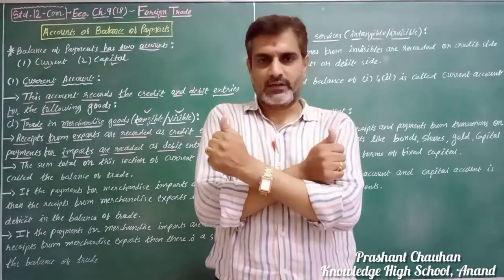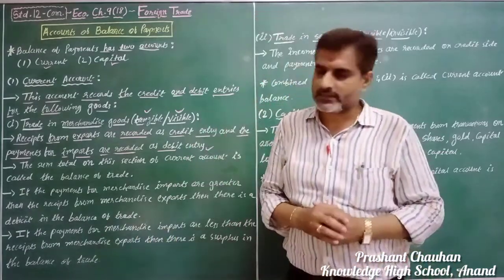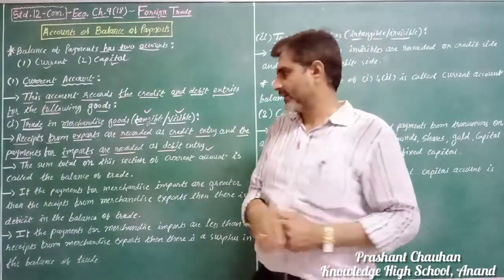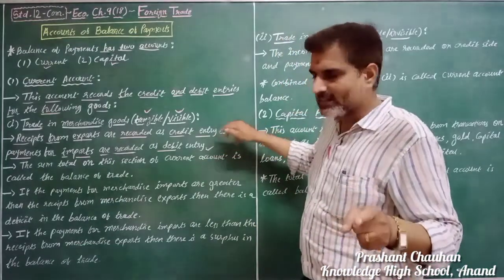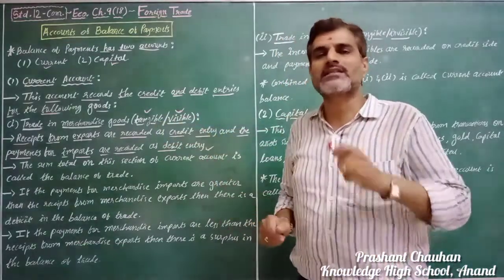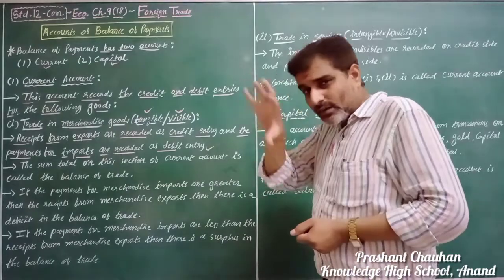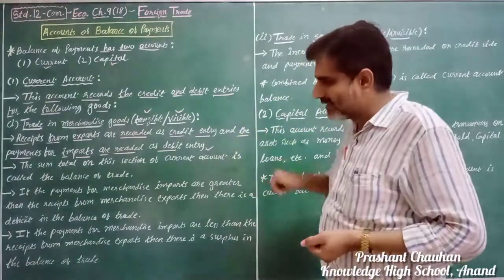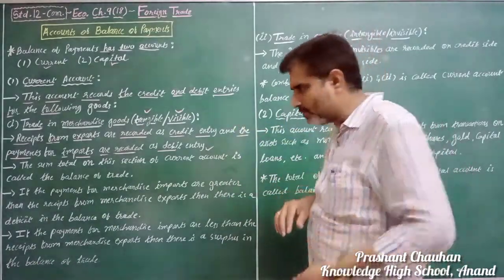Maybe it is different. यहाँ से आपको अलग लगेगा. So debit and credit side, left hand and right hand side. You have to record. Keep in mind these entries are for tangible or visible goods. You can see that one. Also the sum total of both, that is imports and exports, that is the receipts and payments, right?